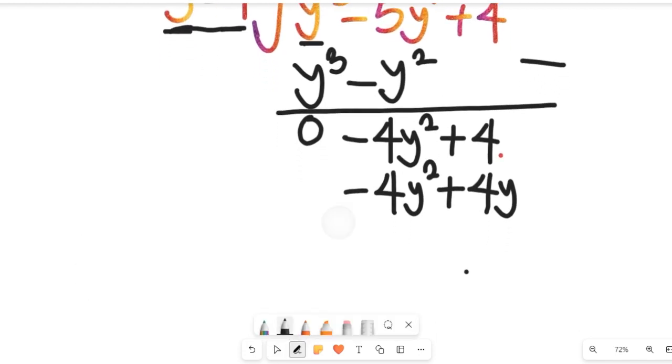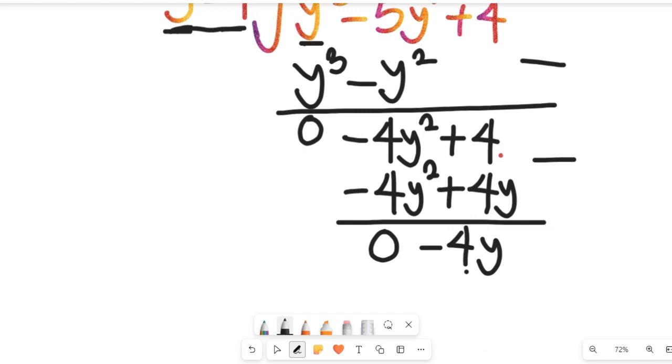Now if we subtract that, minus 4y squared minus 4y squared will give us minus 4y squared plus 4y squared, and that will give us 0. So if you check this, minus 0 minus plus 4y is going to give us a negative 4y, right?